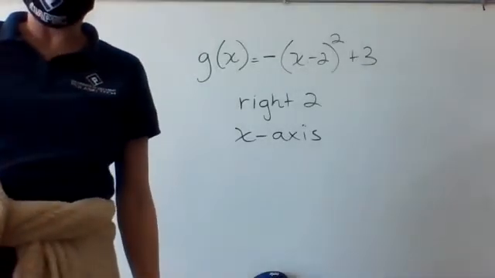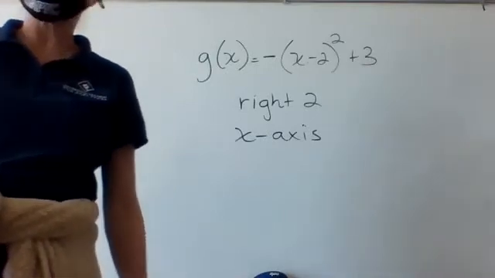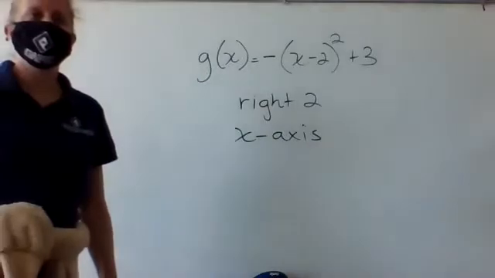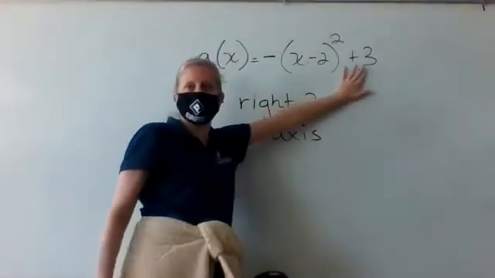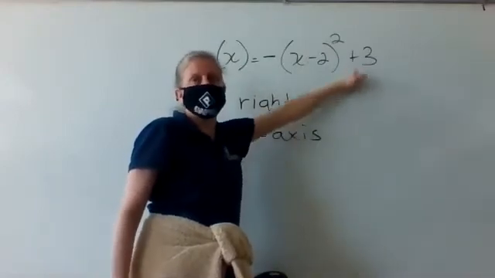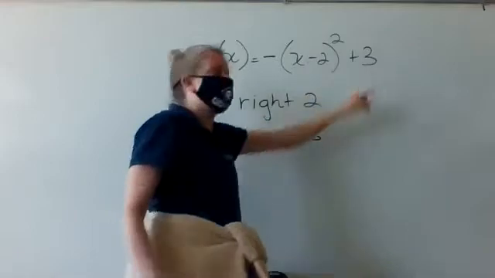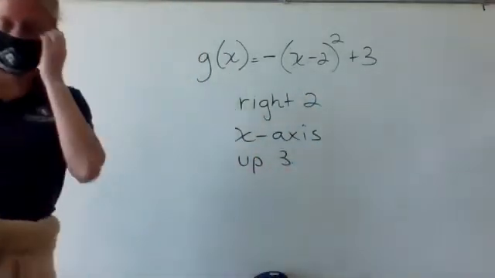And the last drop down, all the options are up or down. So it's talking about the vertical shift, which means it's talking about this number. Since it's on the outside, that's your up or down shift. And since it's plus 3, we're going to go up 3.